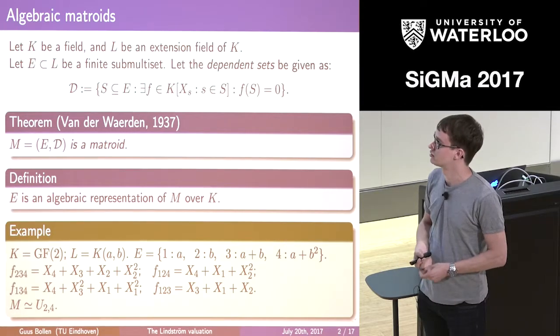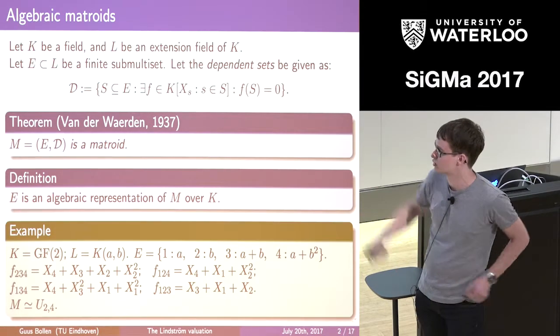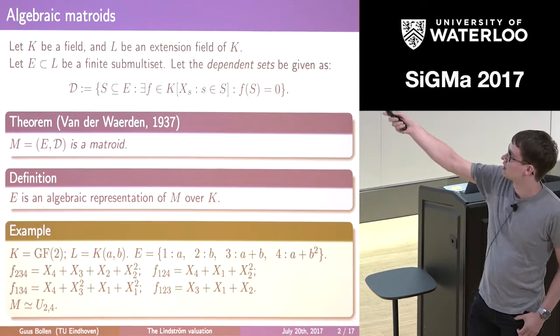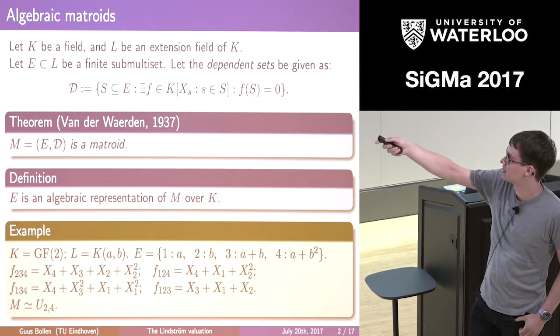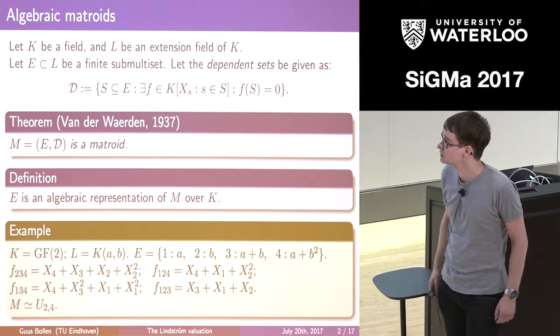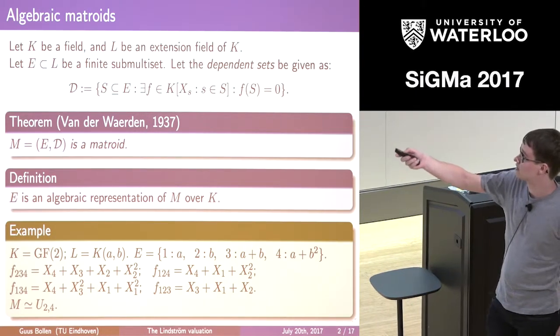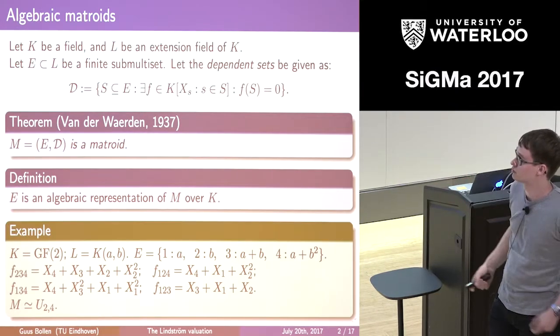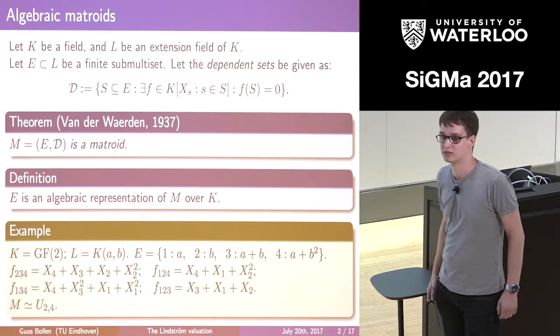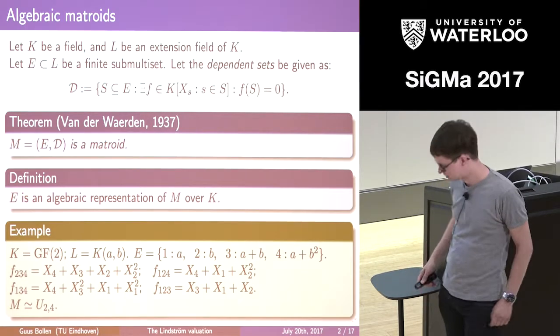For instance, the relation F1, 2, 3 on the bottom right holds because, well, A plus B plus A plus B is 0 over GF2. And the matroid that this representation represents is U24, the uniform matroid of rank 2 on 4 elements.